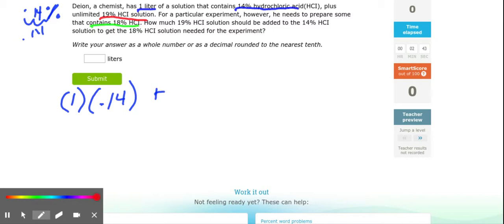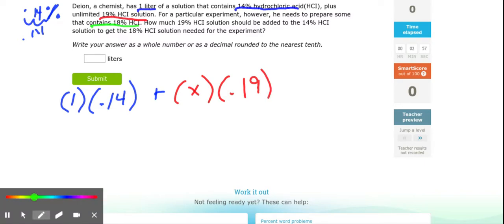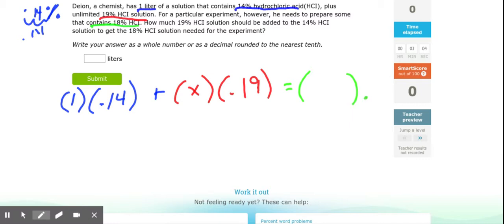Now the other amount that we have is 19%, but we don't know how much we have. So let's say x times 0.19. So these are the 2 solutions that we need to add together, and that's going to equal some amount times 0.18 because we want our final solution to have 18%.